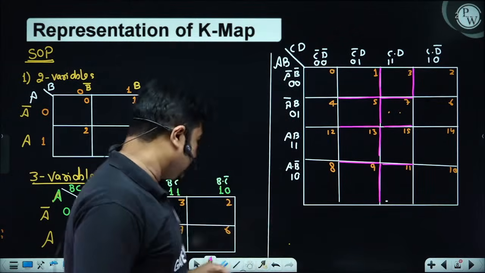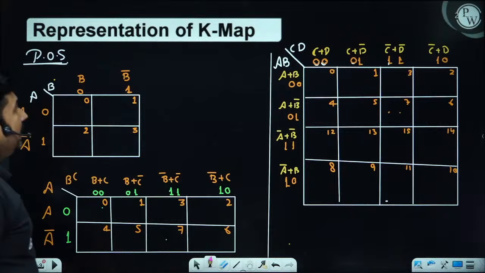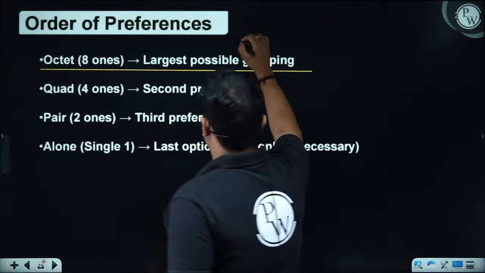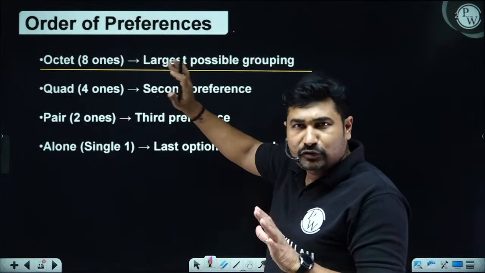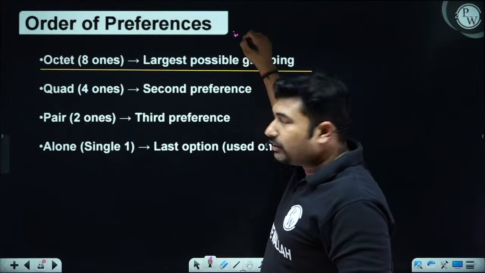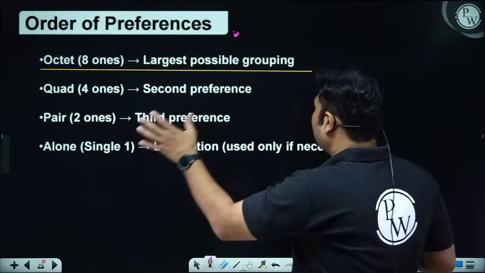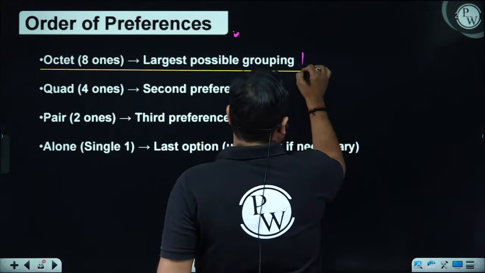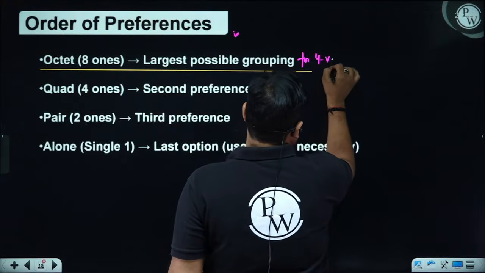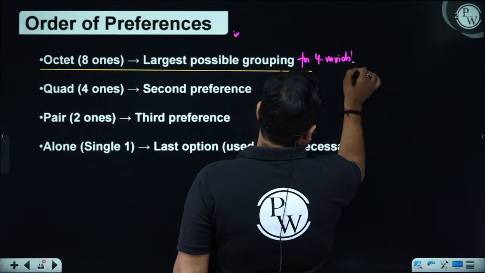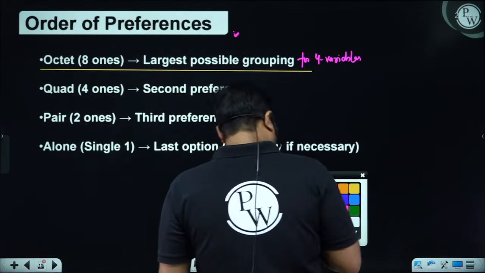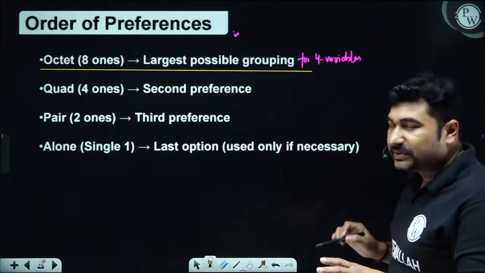Is it okay? Yes, sir. So octet has the highest preference among all, for up to 4 variables. The largest group will have the highest preference, the largest possible grouping for 4 variables. Is it okay? Yes, sir.